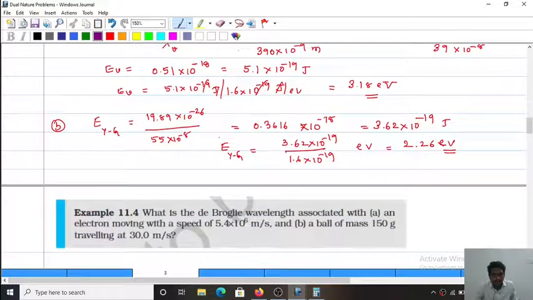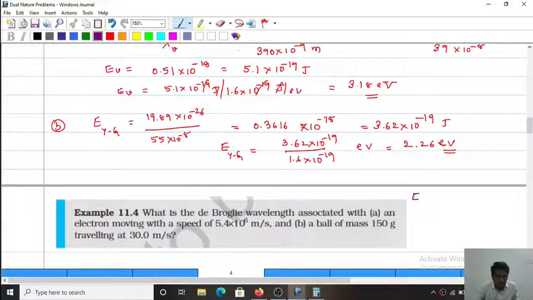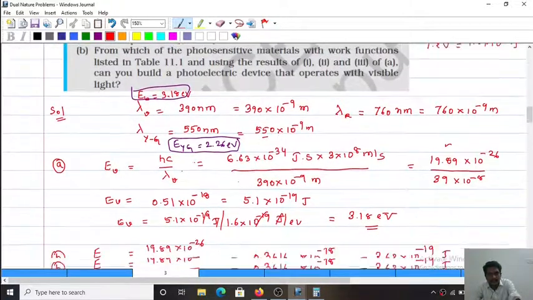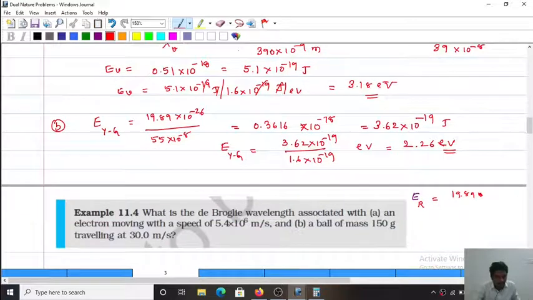So I will do here the third one, energy of red. So the numerator is the same, 19.89 into 10, 19.89. So what is the wavelength? 76 into 10 power of, so I will write it as 76. And this value is the same, 10 power of minus 18.